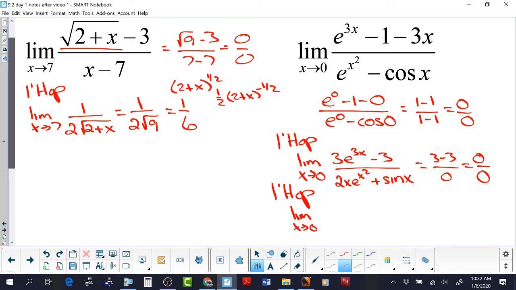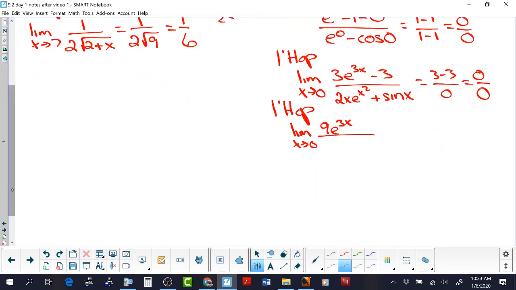Limit as x approaches 0 of 9 e to the 3x over 2x times e to the x squared. That's a product of 2 functions. So we have to use the product rule. First times the derivative of the second plus the second times the derivative of the first. Product rule for that. It's 2 functions multiplied.